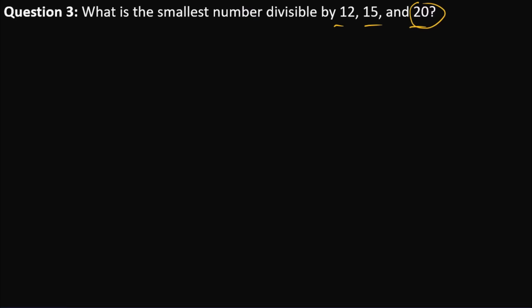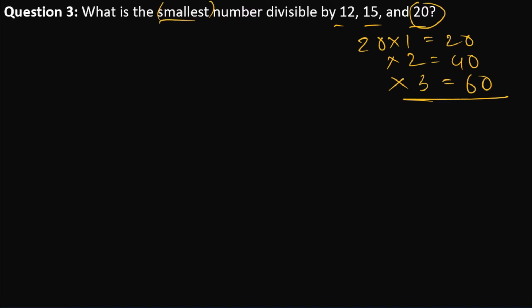So 20 times 1 equals 20, times 2 equals 40, times 3 equals 60. So this is the easiest way.